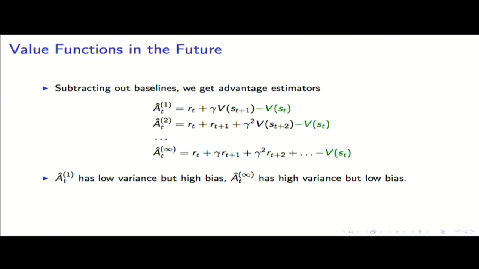Can anyone tell me an argument why this one has low variance but high bias? Like, why should it have low variance? This is going to be a hand-wavy argument because there's not a particularly good formal argument. Is it because it doesn't depend on future actions? Yeah, the suggestion was it doesn't depend on the future actions.